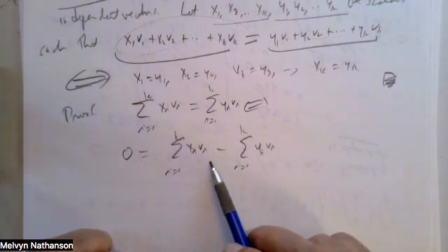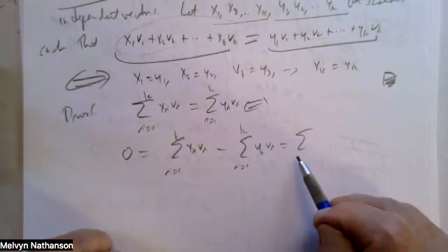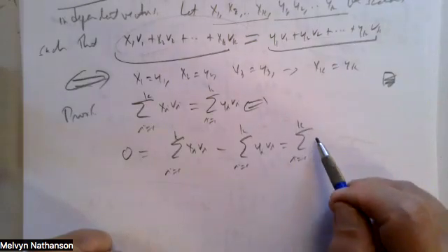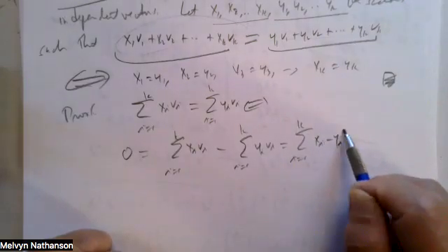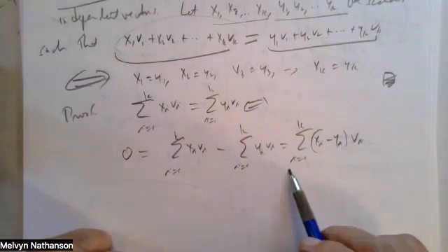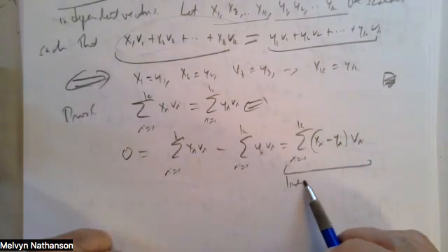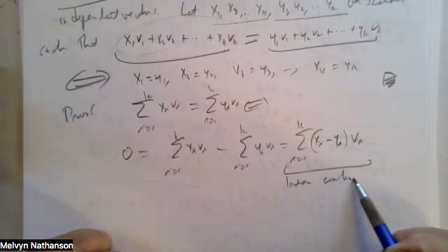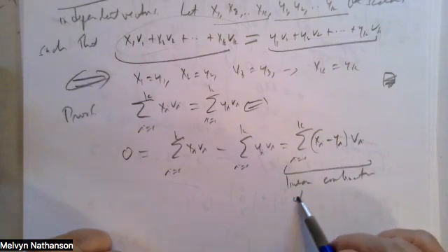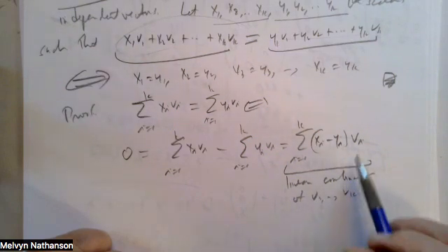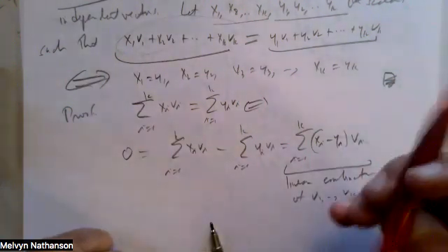But this is exactly the same as summation i goes from 1 to k, xi minus yi times vi. And this is a linear combination of v1 up to vk with these scalars.